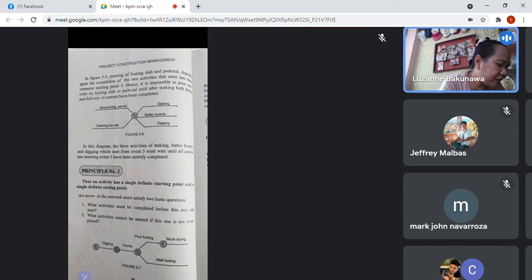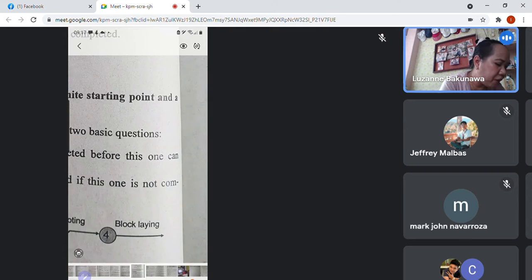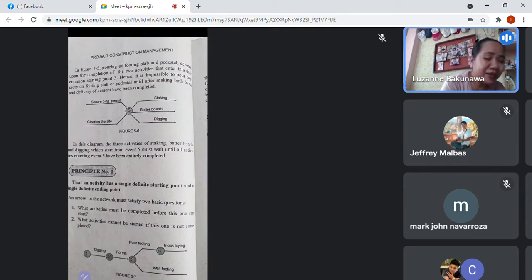What activities must be completed before this one can start? So that is the first thing you consider when you design and assign activities: which activity cannot start once this activity is finished, no?